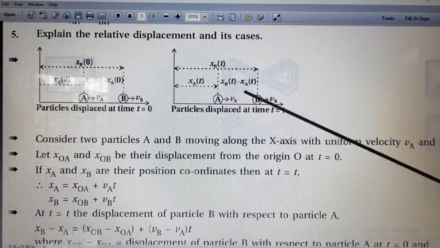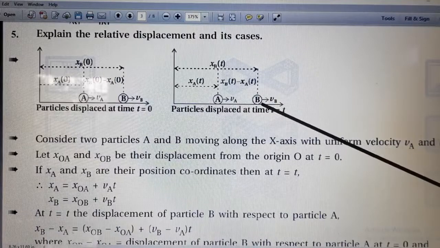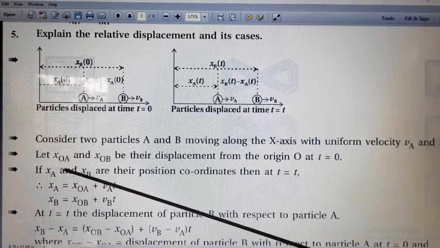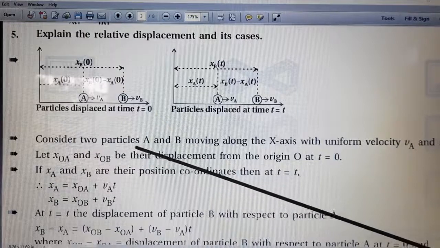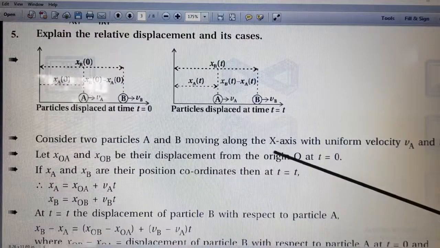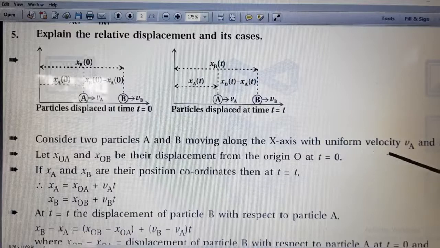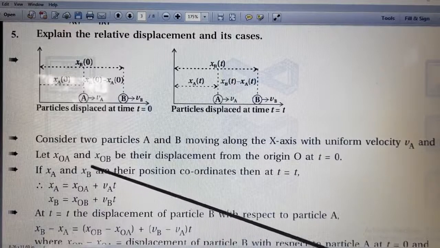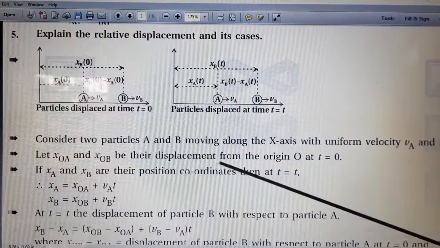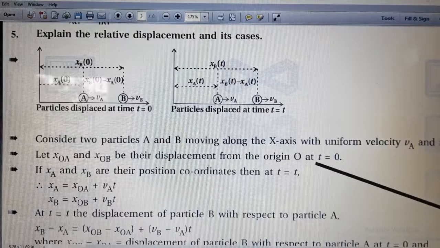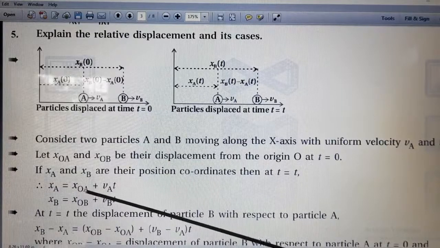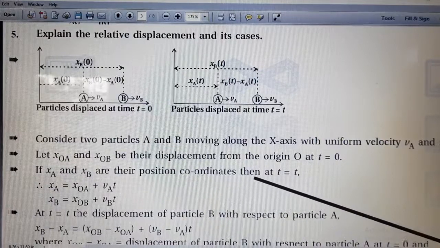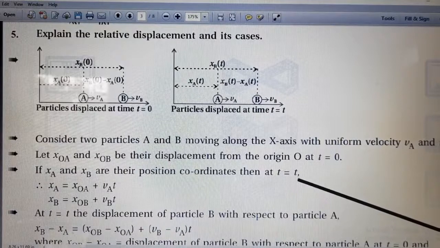Same way, the displacement of particle B is XBT. Means here we consider two particles A and B moving along the x-axis with uniform velocities VA and VB. Here XOA and XOB are the displacements from the origin O at time t equal to 0. But XA and XB are their position coordinates at time t.